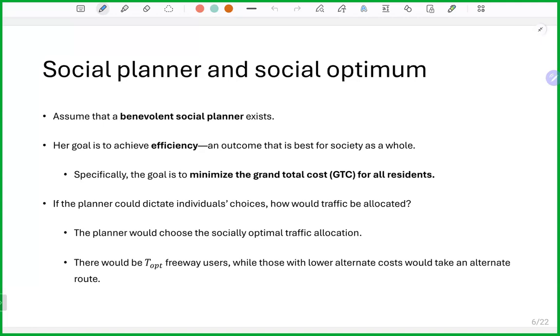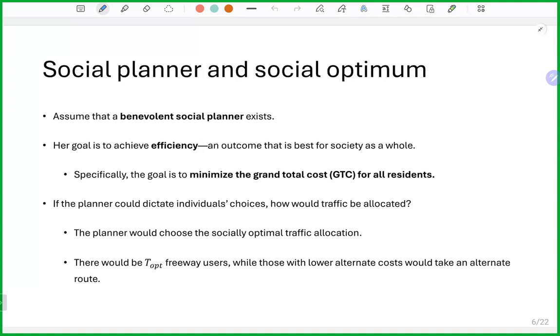So, from the highest to the lowest alternate cost, knowing their exact alternate cost information, he will dictate their choices so that those whose alternate costs are higher use the freeway, and those whose alternate costs are lower use the alternate route.